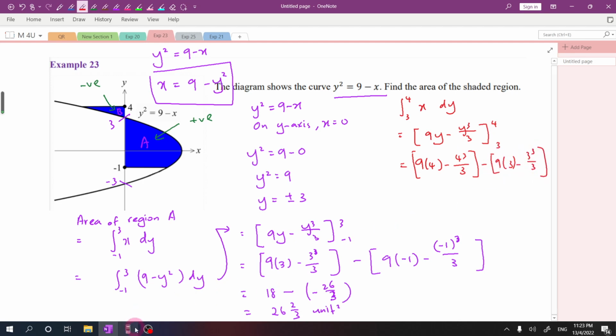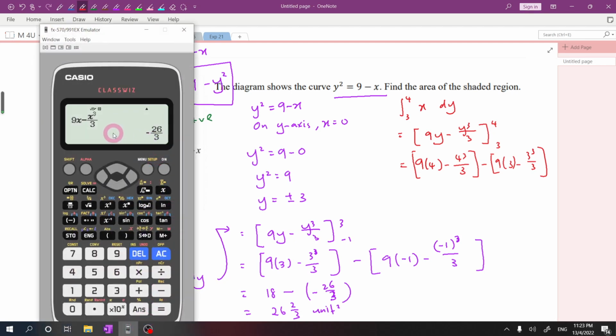Okay, so as I told you just now, we can actually use our calculator to help us since we already have the function here, right? Just press calculate. Let me check the function is correct or not. 9y, okay, minus, okay. Calculate, key in 4, press equal 2 times.